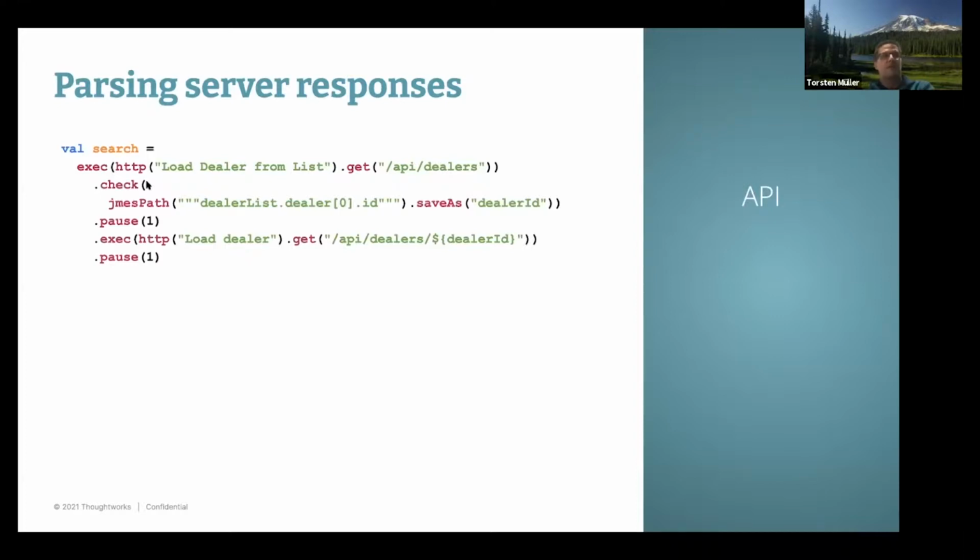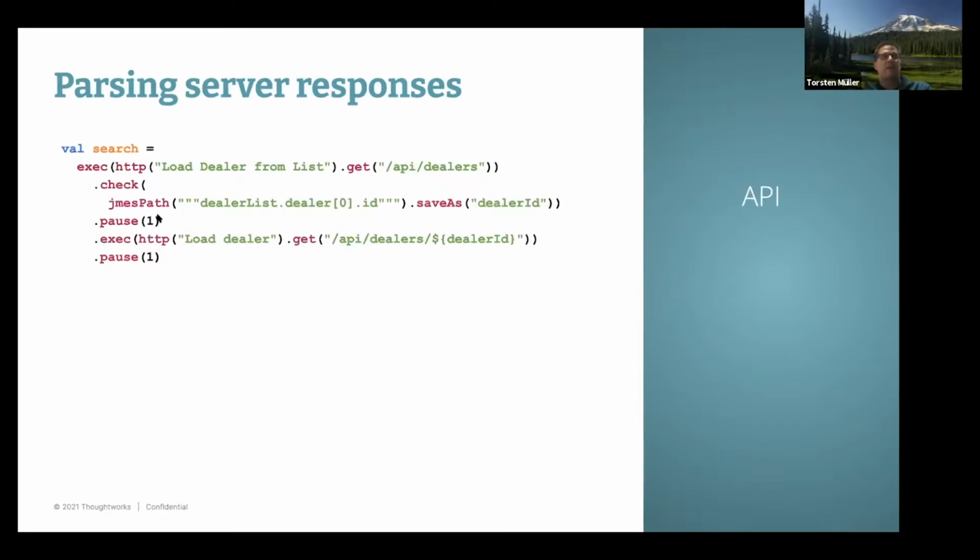And what this check does here is not checking any values, but it's looking into the data that's being passed back from this request and says, in this JSON, so this JMS is a JSON parser, there is an object called dealer list that has an array of dealers. Pick the first one and give me back the ID.